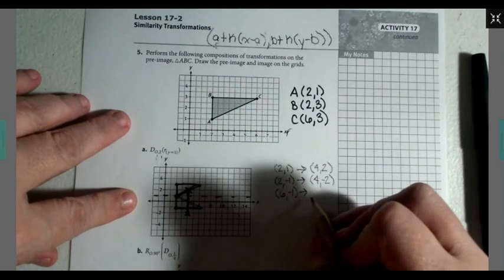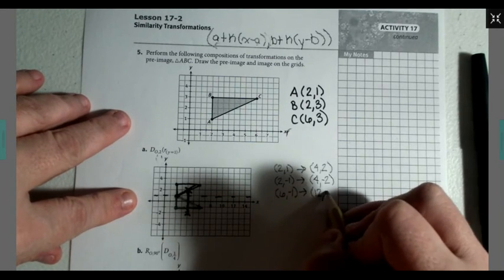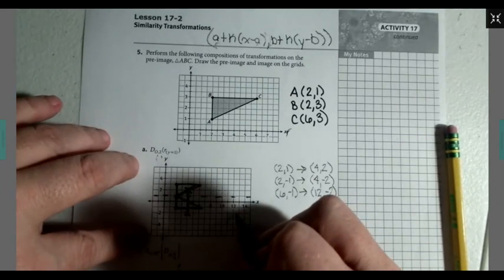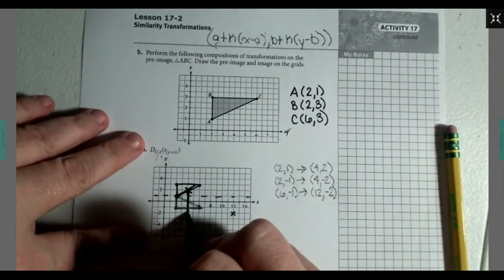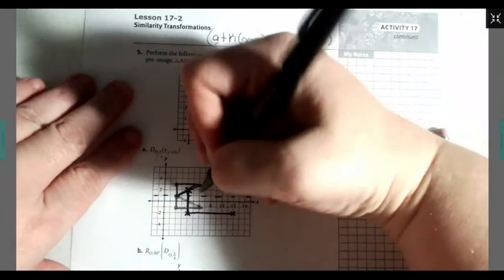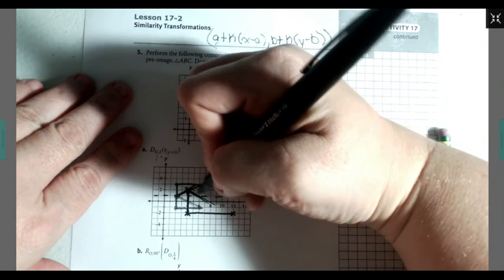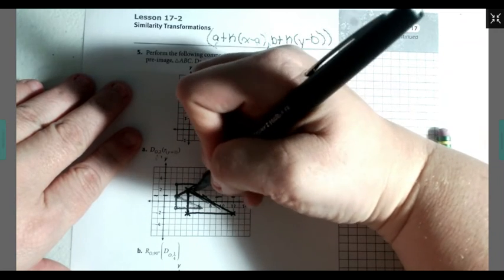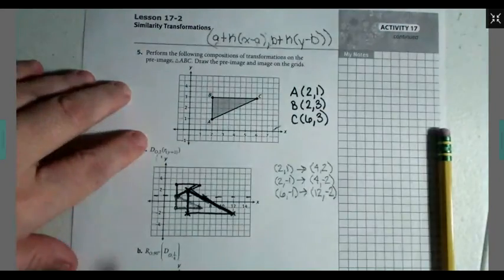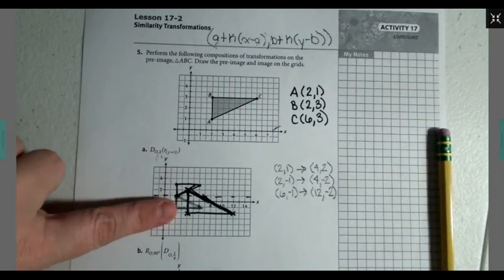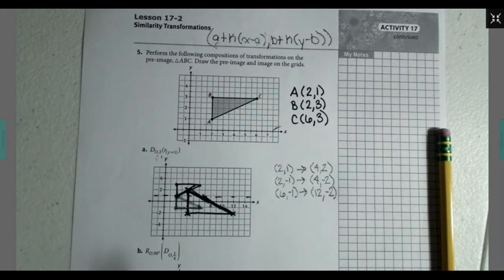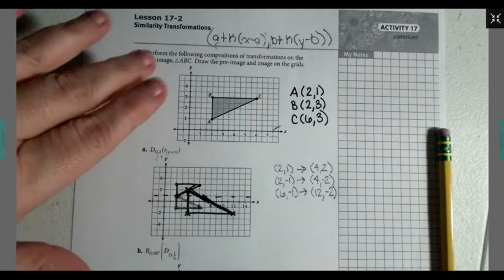Scale factor of 2, so that's going to be 12, -2. 12, -2 is right here. So the first thing I did was I reflected it across the equation y equals 1, and then I dilated it by a scale factor of 2.